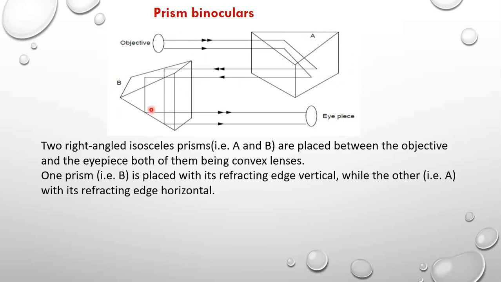While this prism B is going to invert the image formed in a vertical direction.